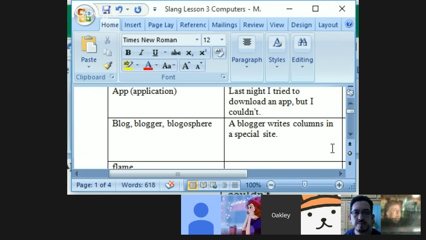Okay, but a special. I saw it in a website. I saw it on a website. That's interesting. That's a tough one. It's actually a tough one. I think on or in may be appropriate here, actually.